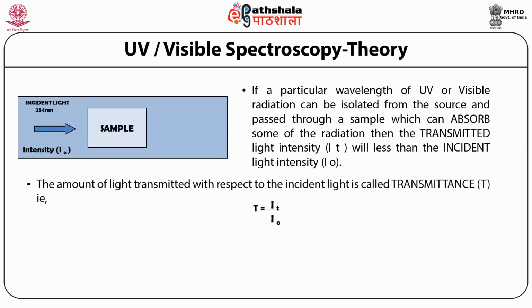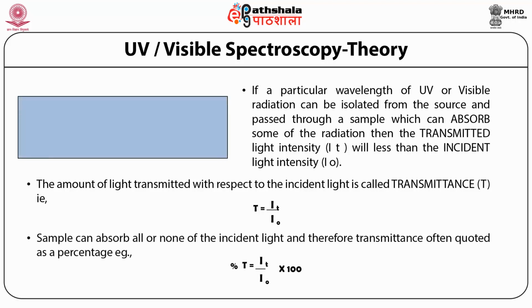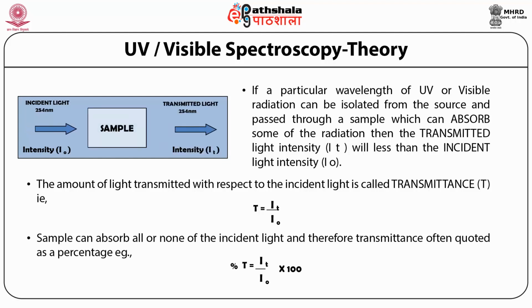The amount of light transmitted with respect to the incident light is called transmittance T, and this can be written as T equal to IT by I0. A sample can absorb all or none of the incident light, and therefore transmittance is often quoted as a percentage. So percentage transmittance is equal to IT by I0 into 100.